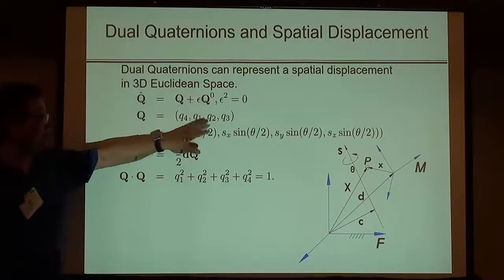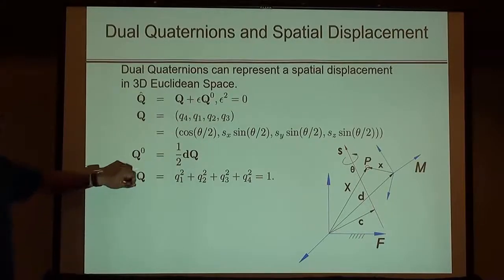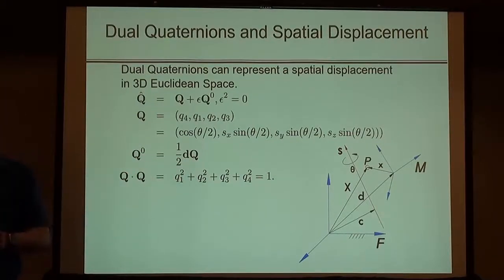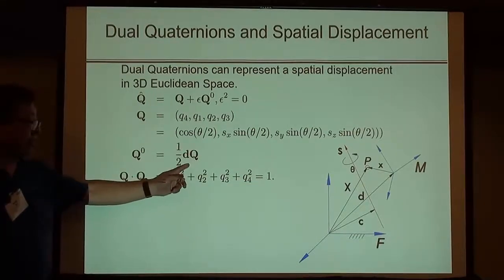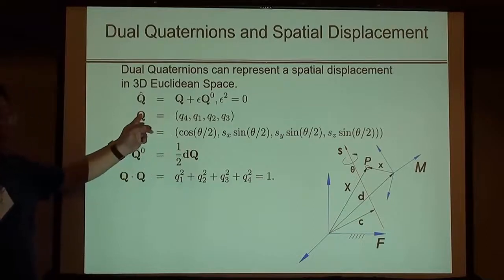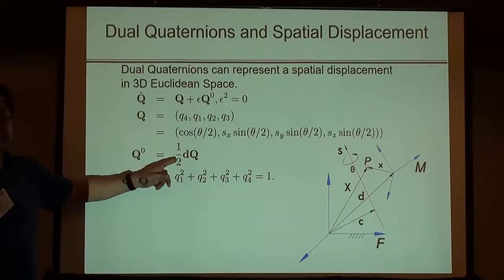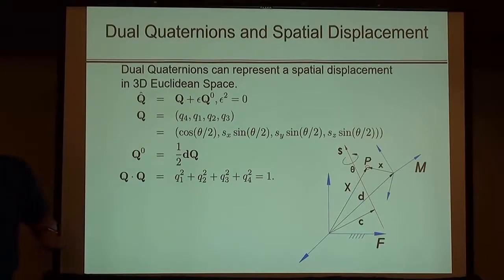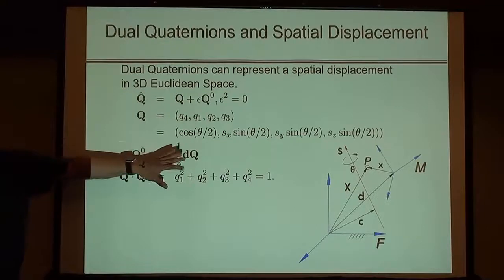The other one is defined in this way, where D is a vector quaternion for translation. We multiply by the original quaternion, and we take half of that, and that will give you the dual part. All right, it's certainly more work.